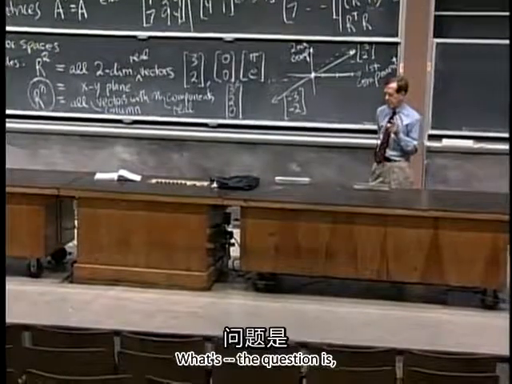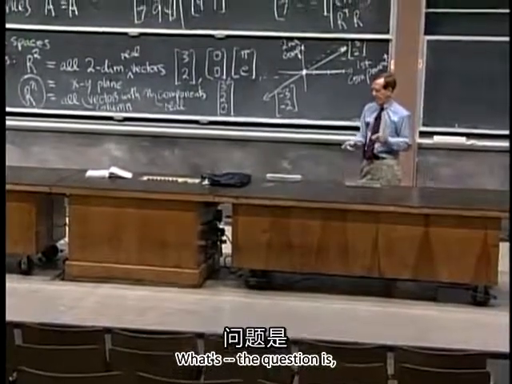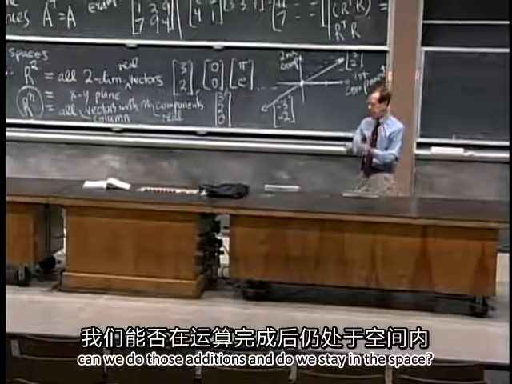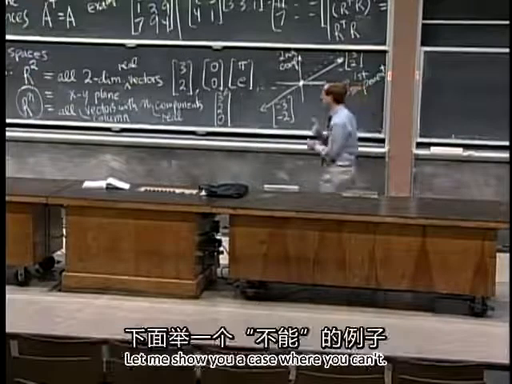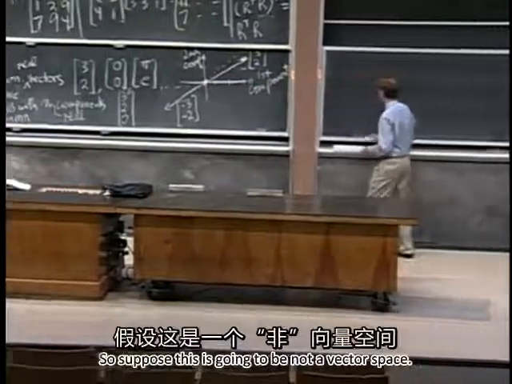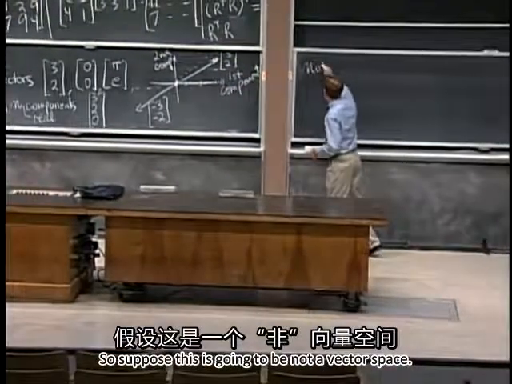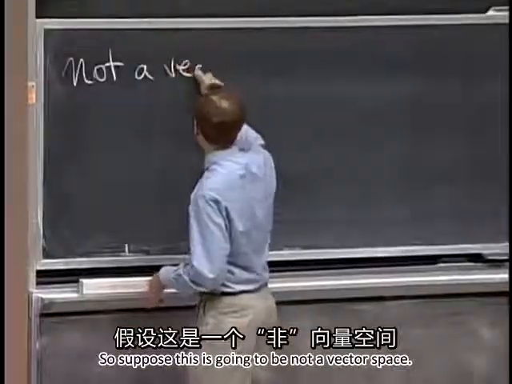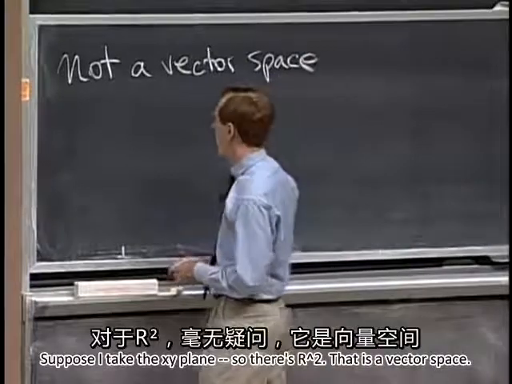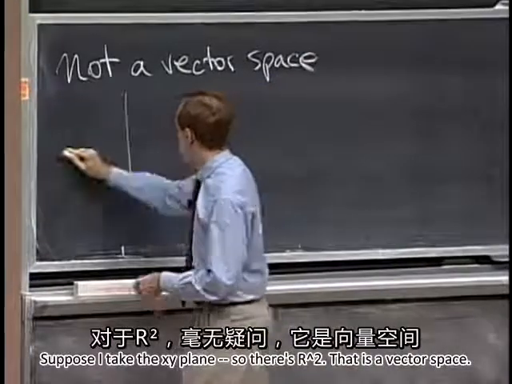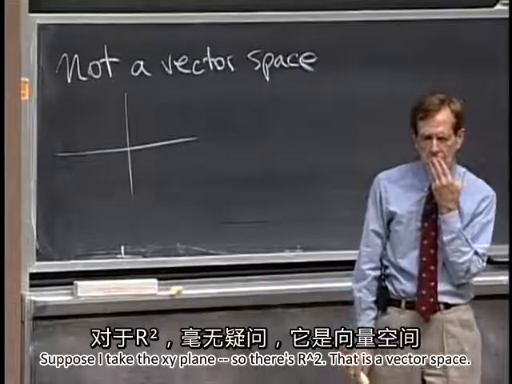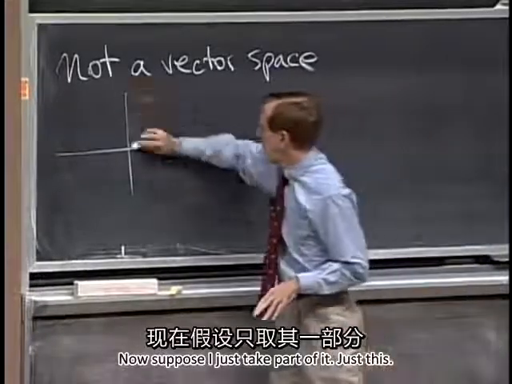Usually it's not those 8 rules that are in doubt. The question is, can we do those additions and do we stay in the space? Let me show you a case where you can't. So suppose this is going to be not a vector space. Suppose I take the xy plane, so there's R2. That is a vector space. Now, suppose I just take part of it.